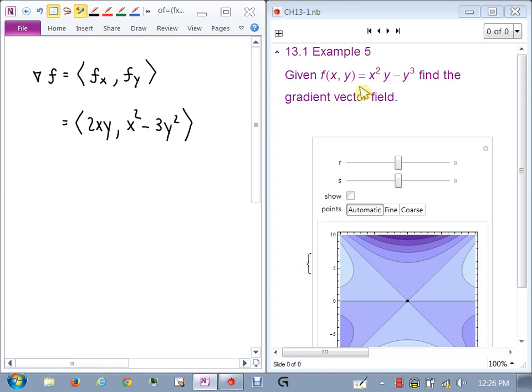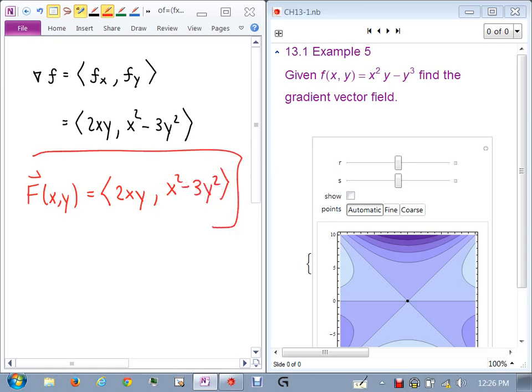Y'all remember doing gradients? This right here, if I wanted to, I could come in now and say, hey, I'm going to define a vector field as 2xy, x squared minus 3y squared. I'm going to choose to call a vector field that.